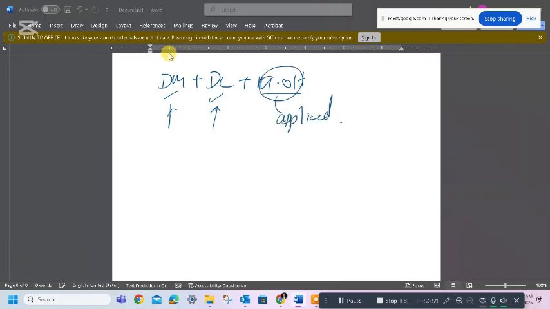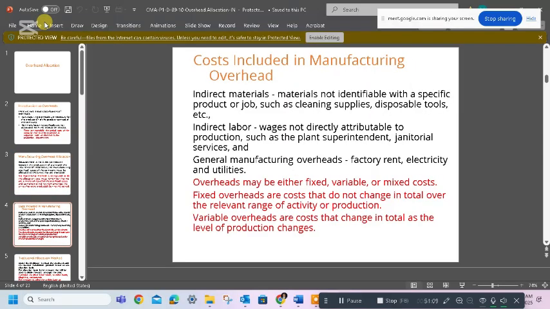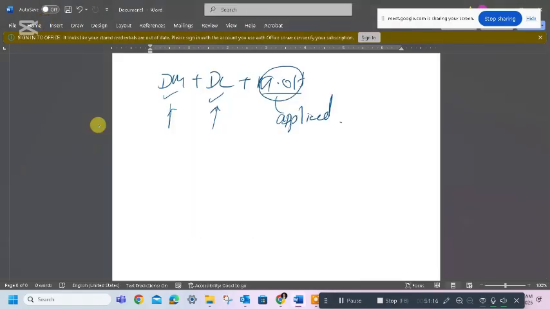That's what they say here. Because there is no connection, we need some allocation basis. So what we usually do, the traditional allocation method, we take all the budgeted manufacturing overhead, we studied this earlier also, take it together, divide by a basis.